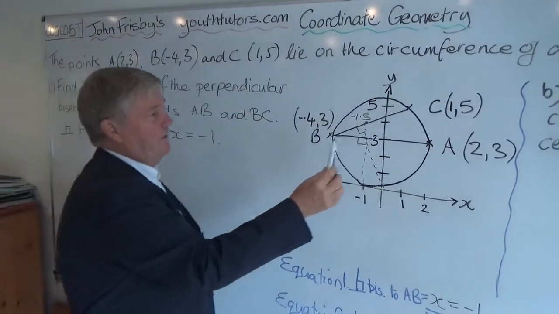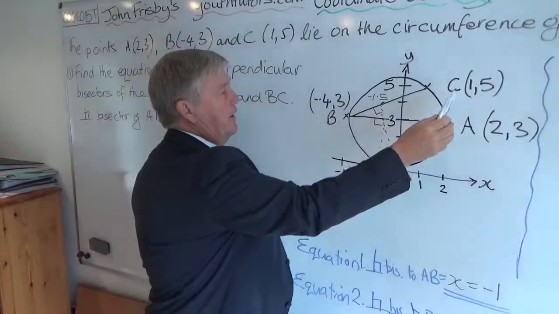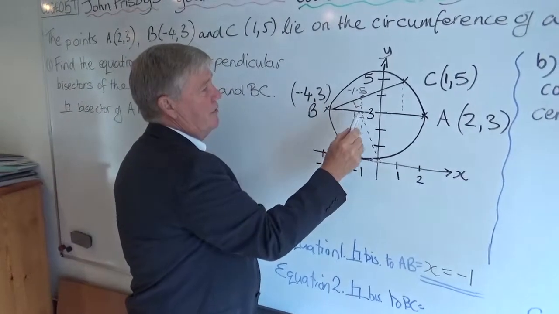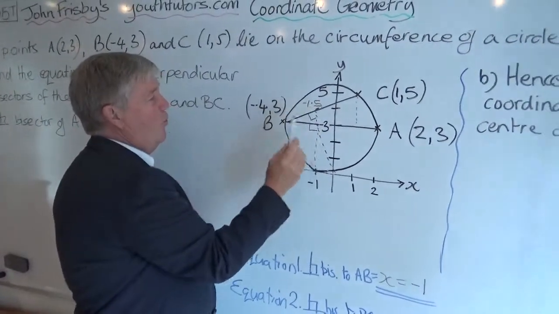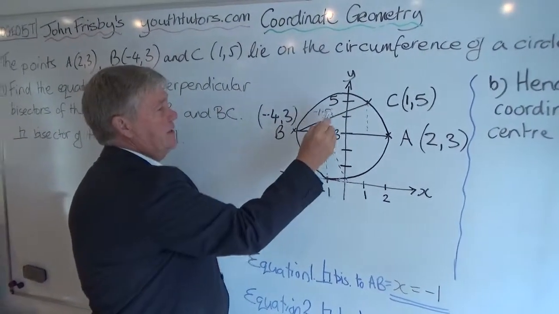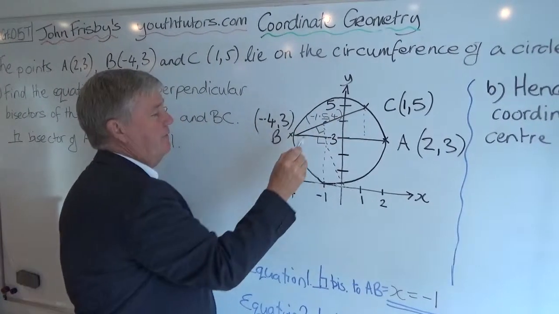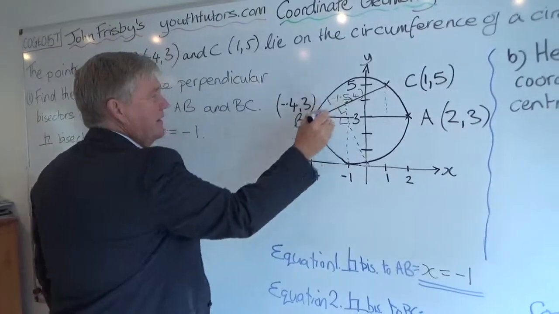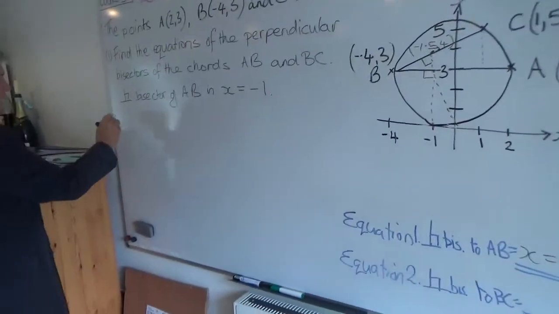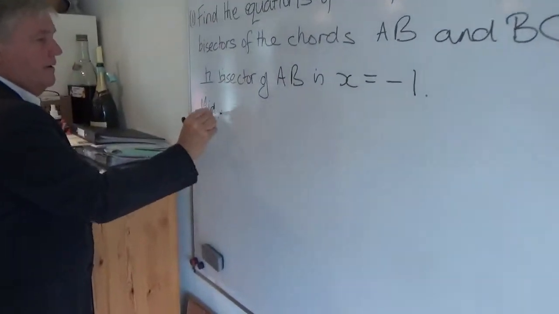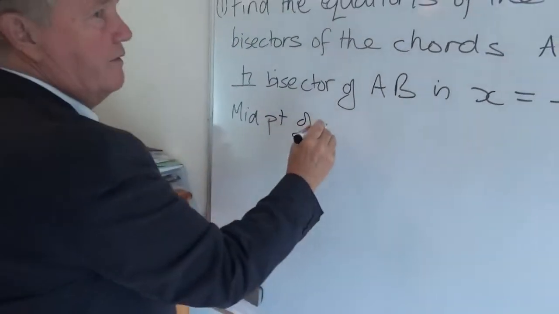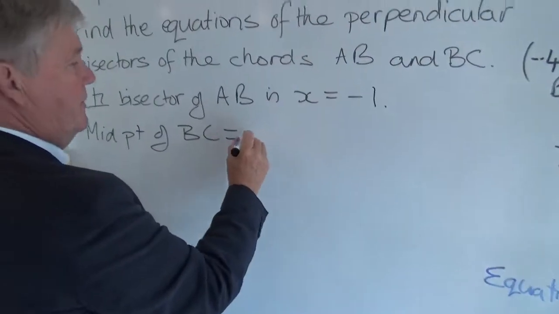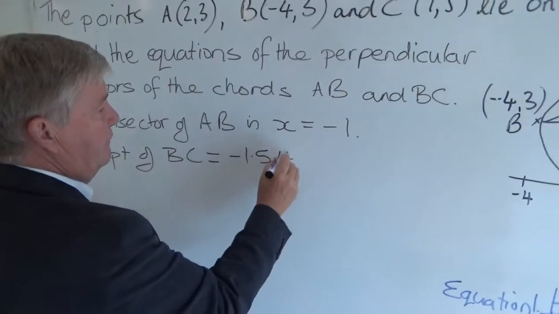The y difference is from 3 to 5, so that is 2 units long, so 1 unit up from 3 gives 4. So the midpoint of BC equals (-1.5, 4).